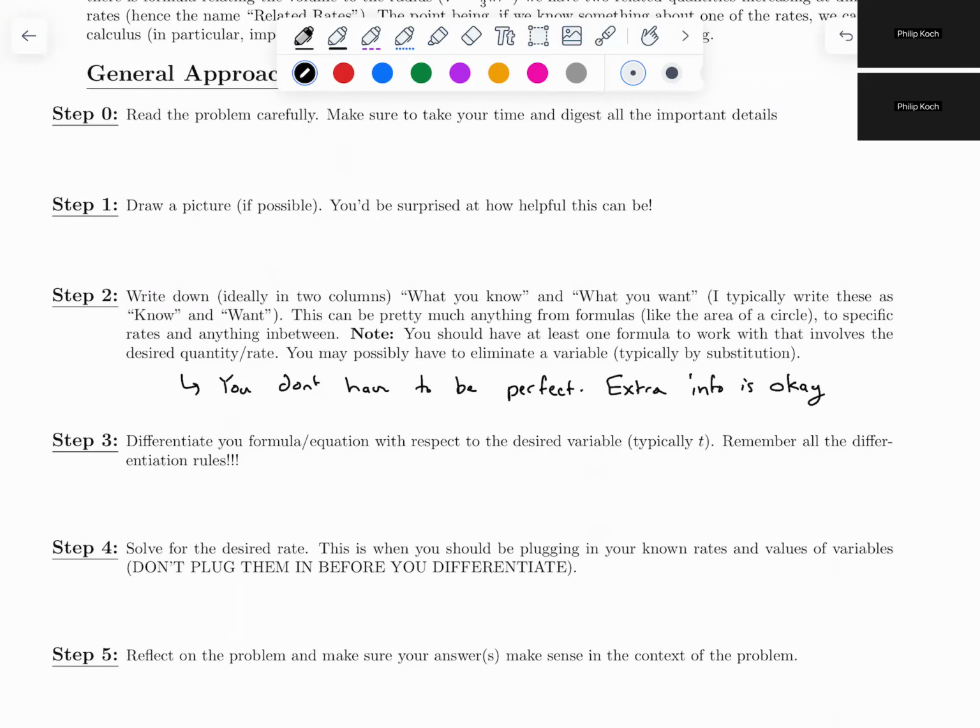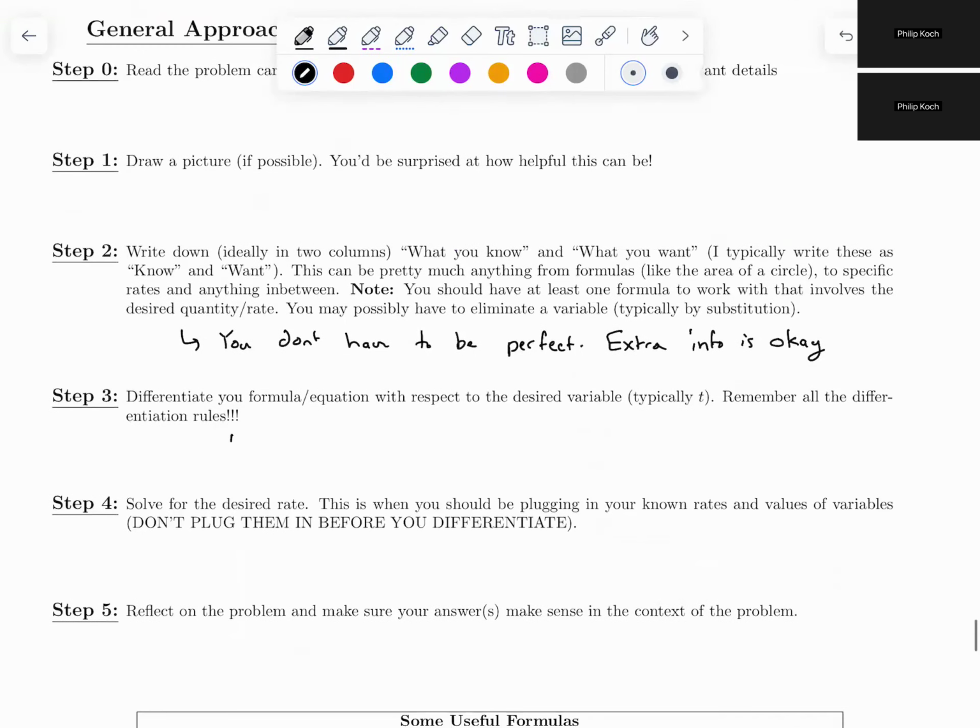Then differentiate. Once you've found your formula that relates your desired rates, differentiate your formula with respect to the desired variable, typically t for time. And remember all your differentiation rules, especially chain and implicit differentiation.